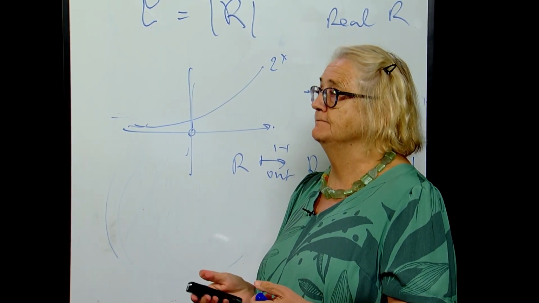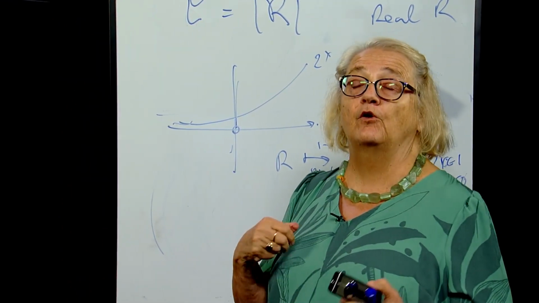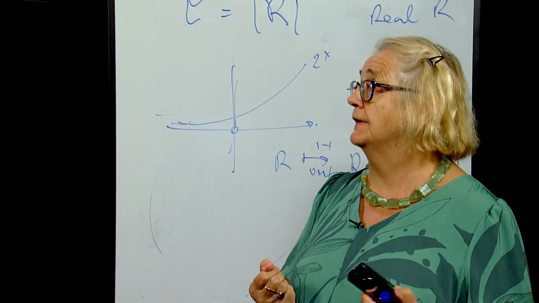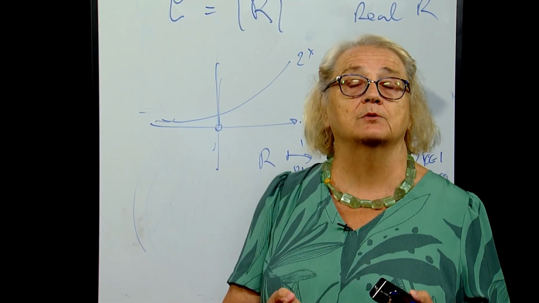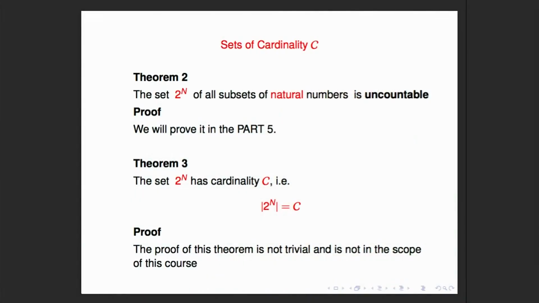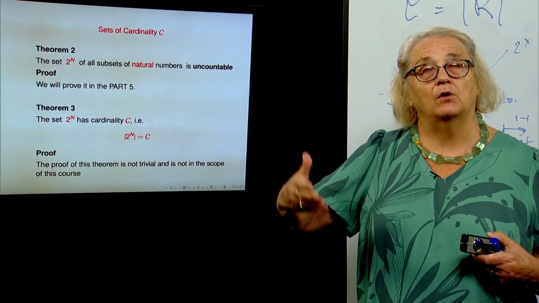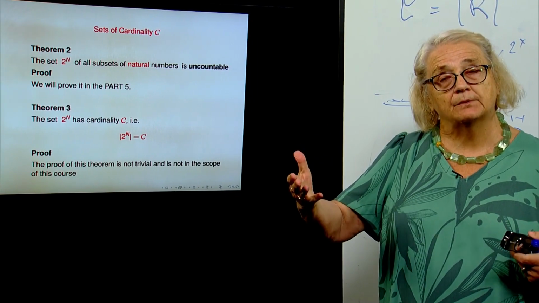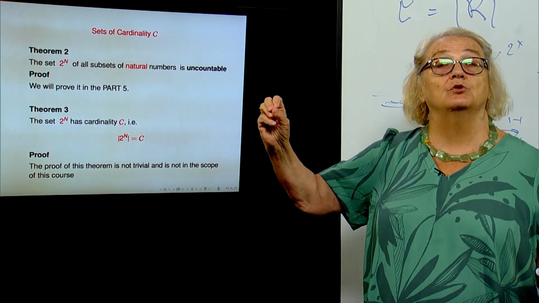Now, the set of all subsets of natural numbers is uncountable. And we prove it soon in part 5. We only show that it's uncountable, that for the set of all subsets of natural numbers, you cannot put them into a sequence.